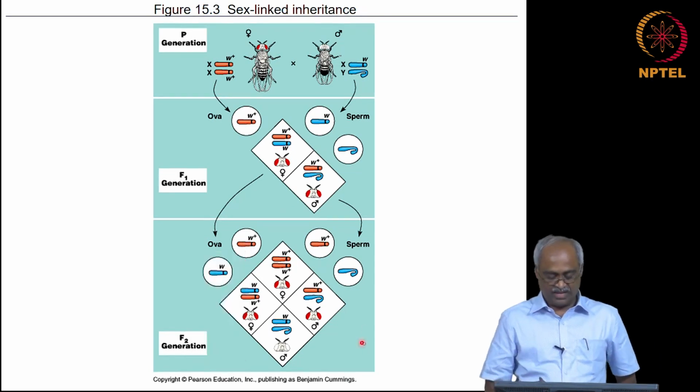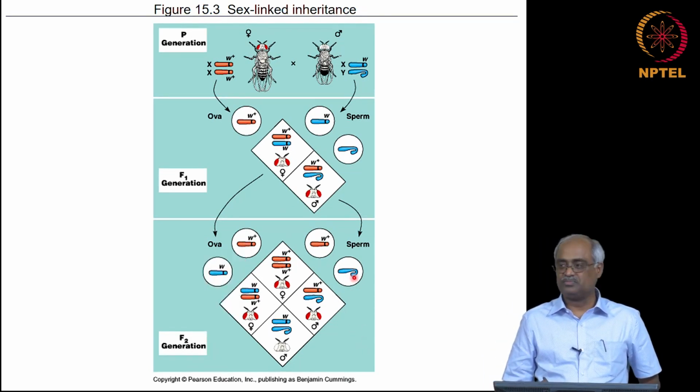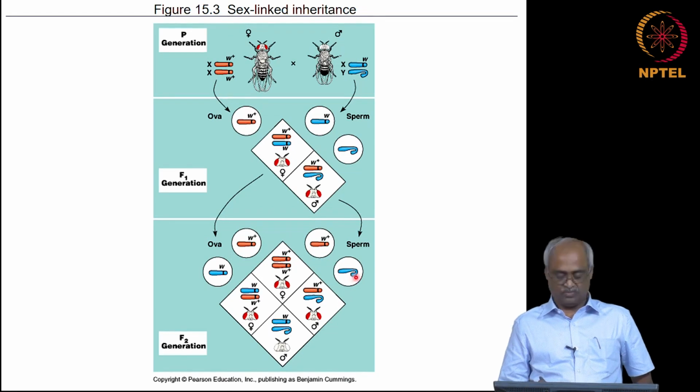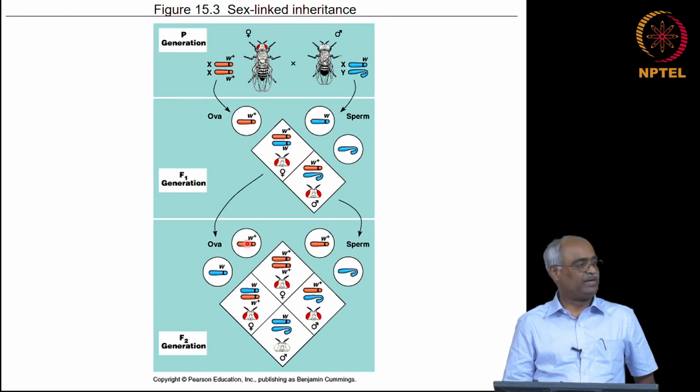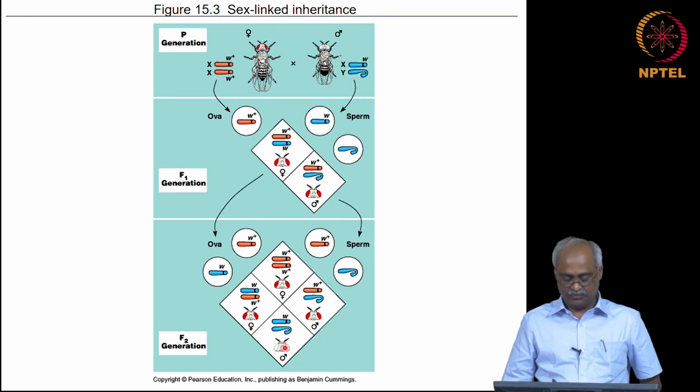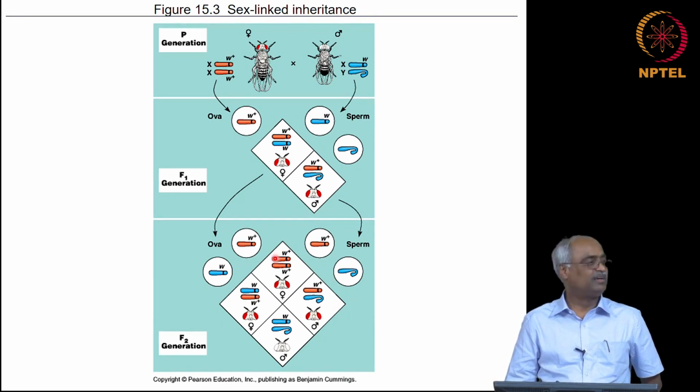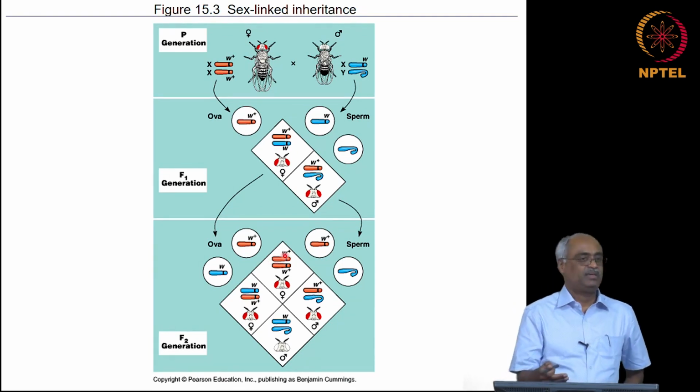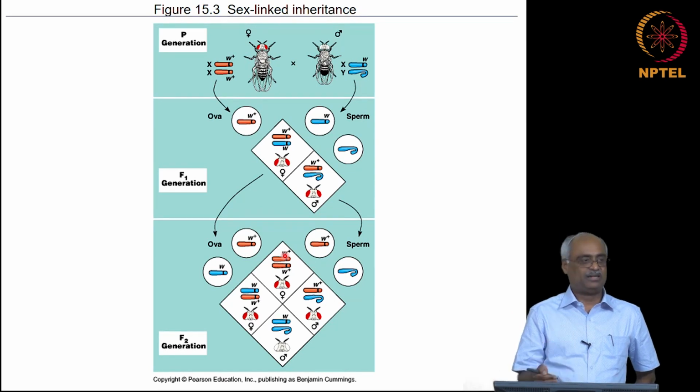Now to make a male you need the Y chromosome, and therefore you will have two kinds of males, one getting the wild type allele from the female, another one getting the mutant allele, and now you will end up finding in the males a 1:1 ratio of white color and red color, and you never see white color in the female. So this sex linked inheritance immediately told us the gene for eye color is not just on a chromosome, it is actually on the X chromosome, okay.